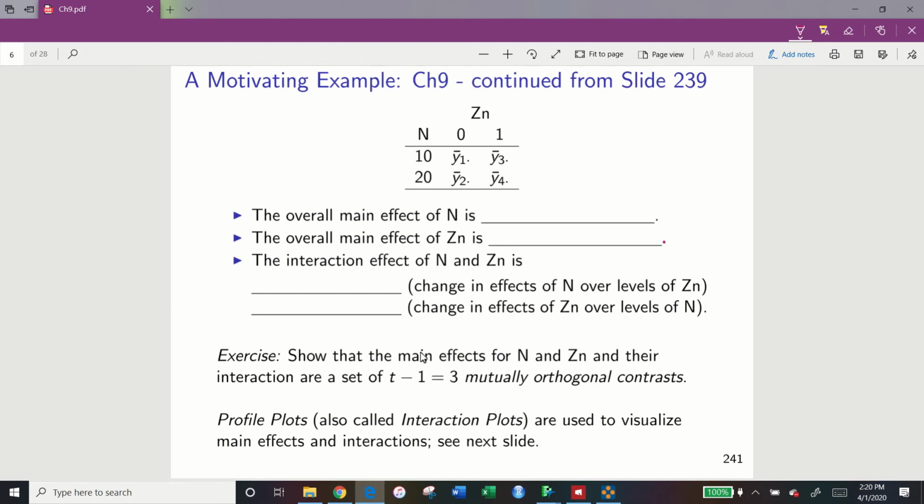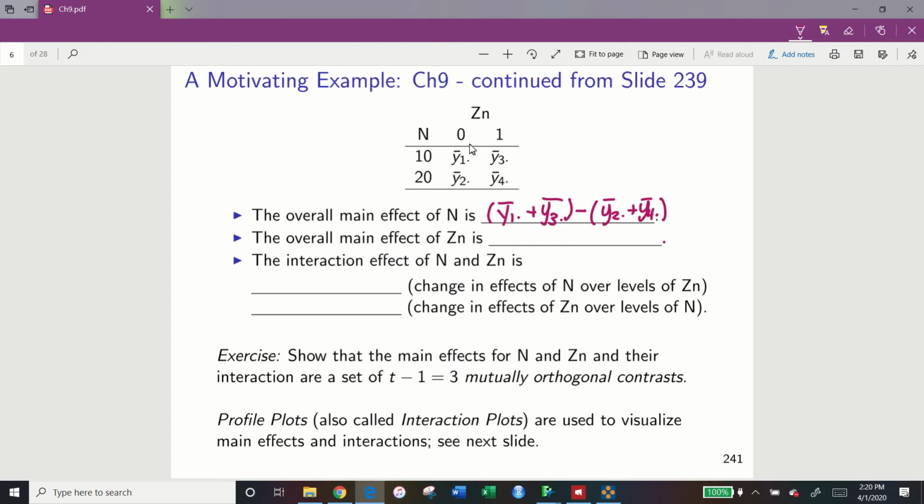So the overall main effect of nitrogen is going to be the quantity y1 dot bar plus y3 dot bar, minus the quantity y2 dot bar plus y4 dot bar. And to show what this looks like visually, our overall main effect of nitrogen is trying to show the effect of just nitrogen, ignoring the factor of zinc.